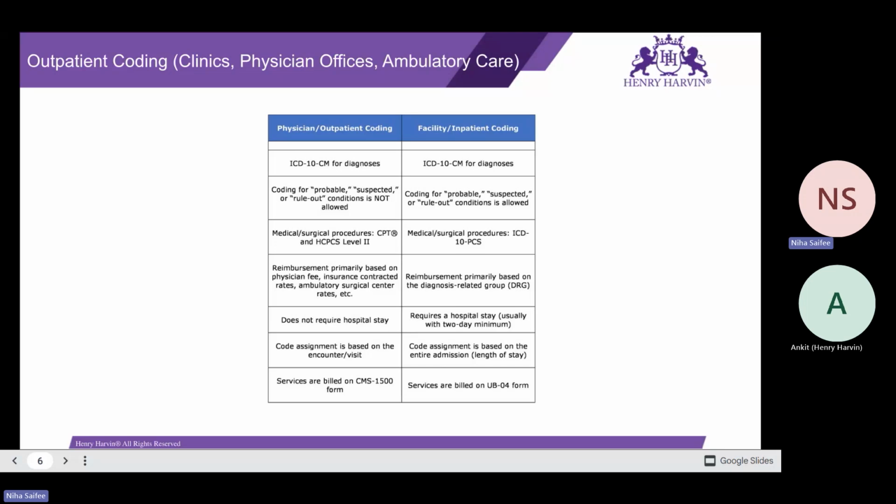The UB04 is for submission of claims in the hospital setups, and the CMS 1500 is a form through which you submit the claim to the insurance companies.